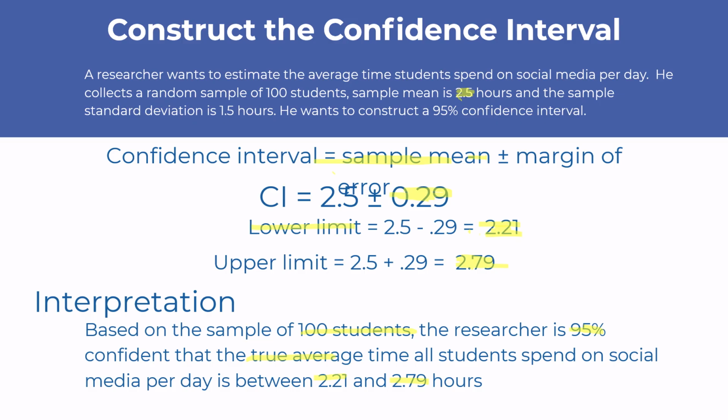Again, this now gives you the confidence interval, which is the range of values where the true population mean is expected to lie. Okay, so we have a range of values.